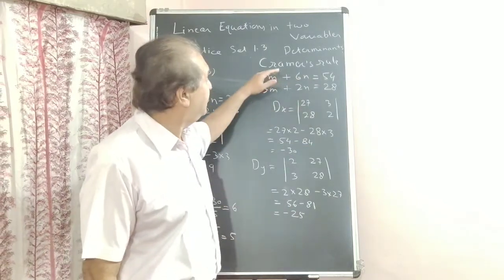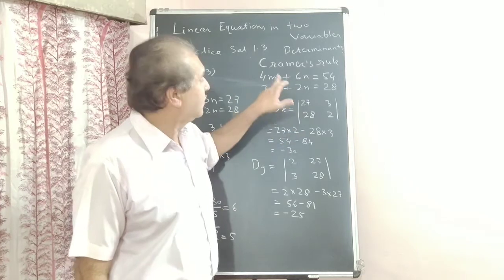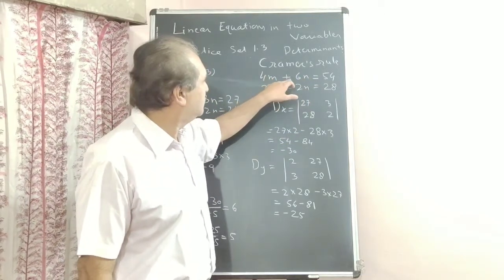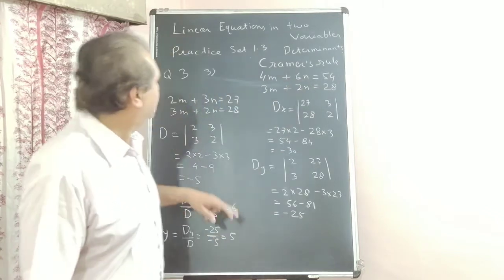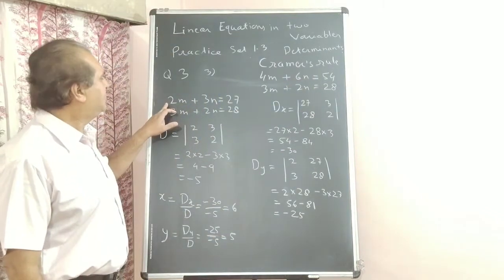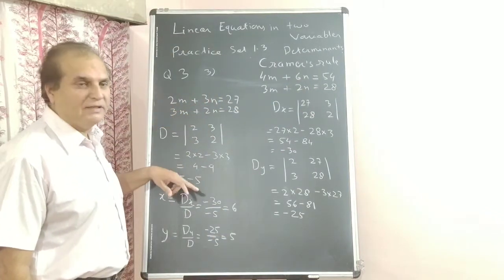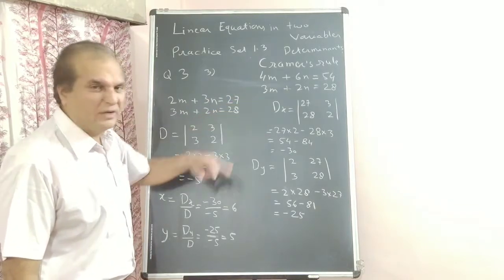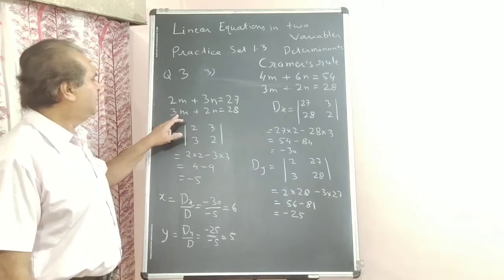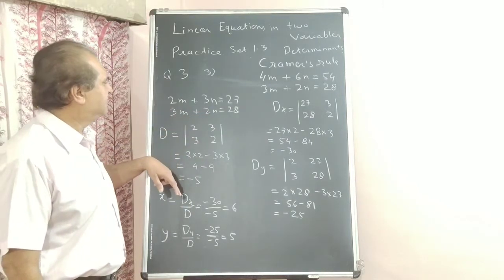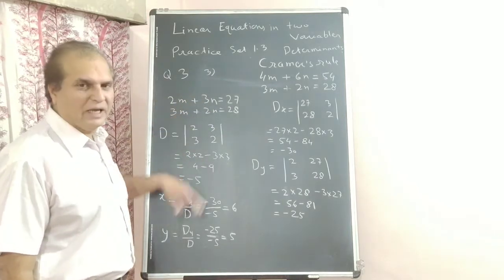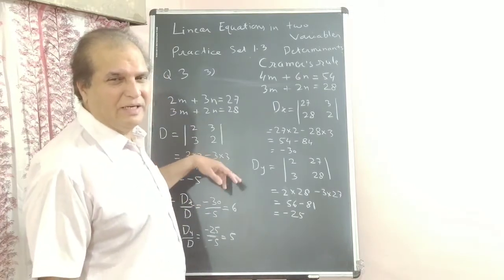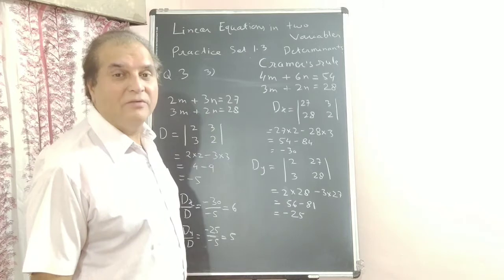We can divide each term by 2, the common factor 2 we will cut. 2 2s are 4, 2 3s are 6, 2 27s are 54, so we made it 2m plus 3n equal to 27. The second is the same because there is no common factor: 3, 2, 28, nothing common. These two equations we have. This is Cramer's rule, so no need to number it, but you can number, just for formality's sake.